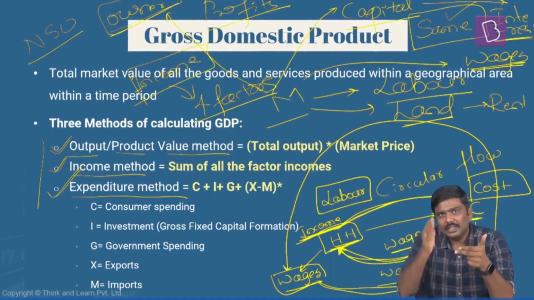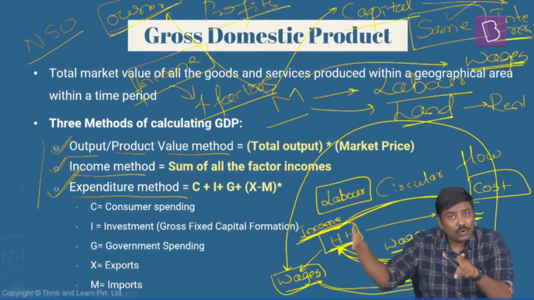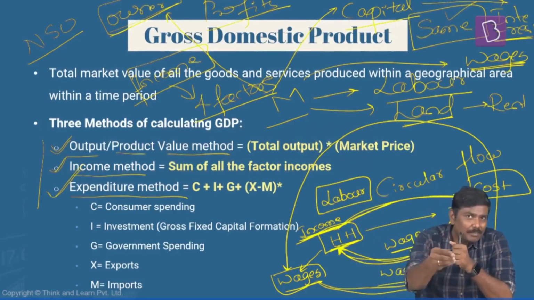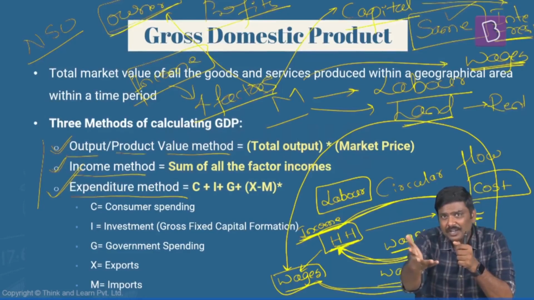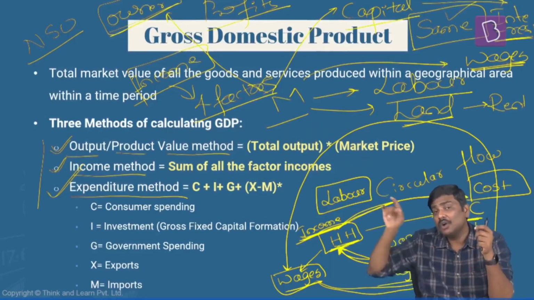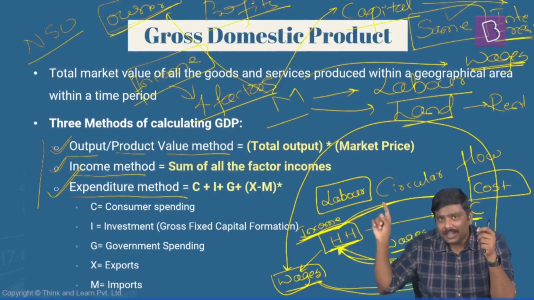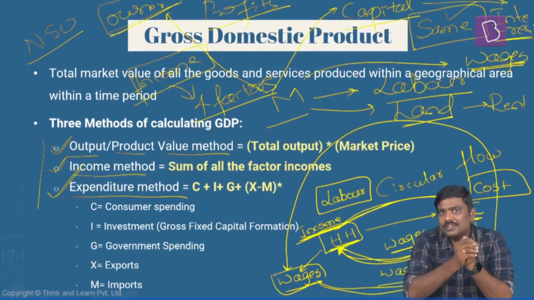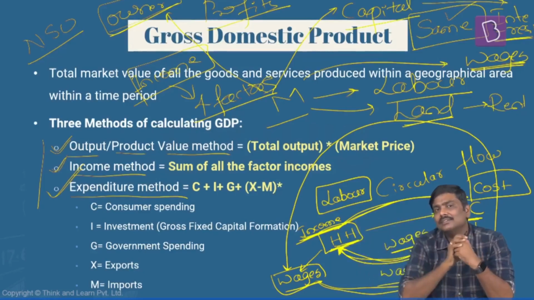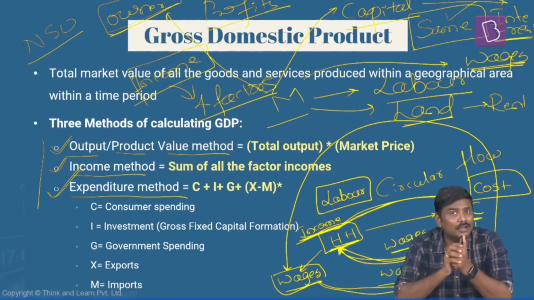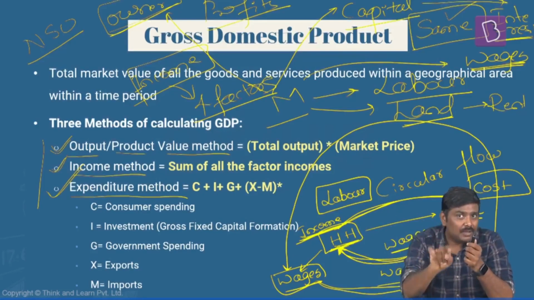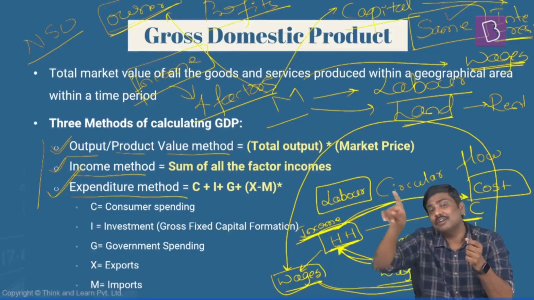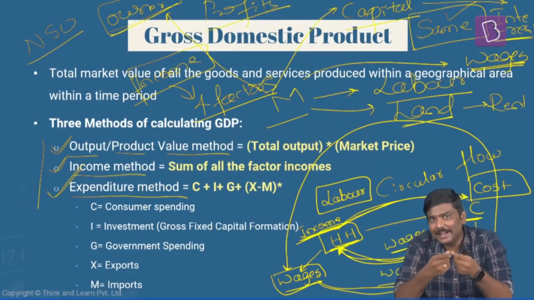So after every month you will have to pay certain rent to the owner of this particular place. For the company, the rent becomes an expenditure, it becomes a cost, but for the owner of the facility it becomes an income. Third one, to start manufacturing you have taken a loan from a bank, so you'll have to pay interest to the bank. Interest for the company will become expenditure, but for the bank will become income.